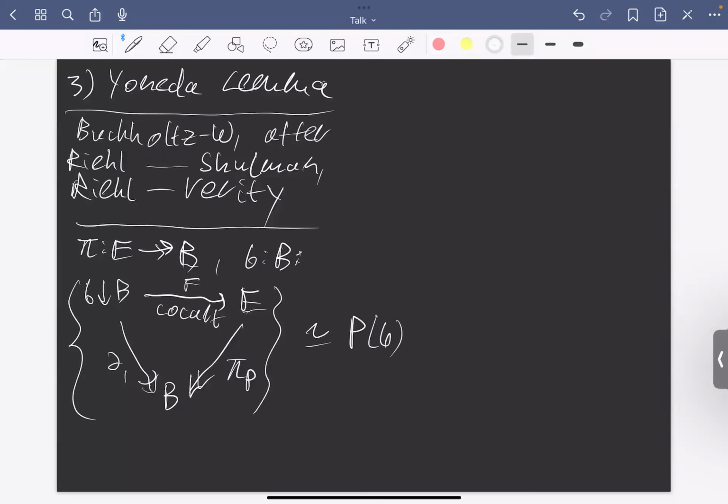And there is certainly one canonical map going from left to right, which is given by evaluation at the identity of b. What's capital P? Sorry, that's the family.